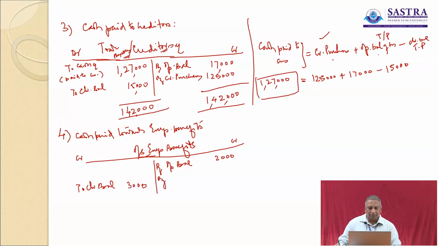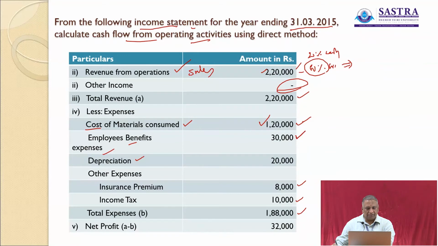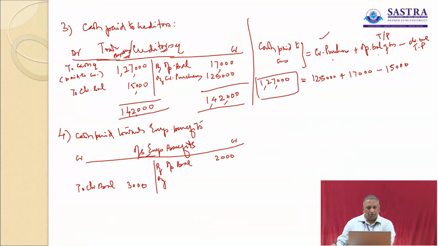and the amount claimed in the income statement as expenses for the current year is given as rupees 30,000. So this should be debited to the P&L account, which means here it should be credited by P&L account. That is, expenses claimed towards employee benefits is rupees 30,000.